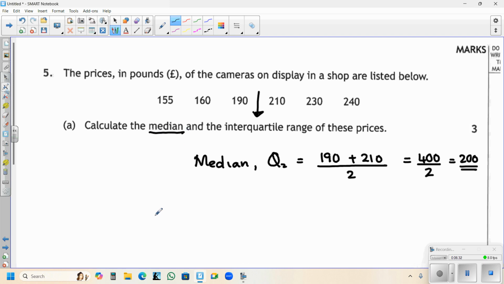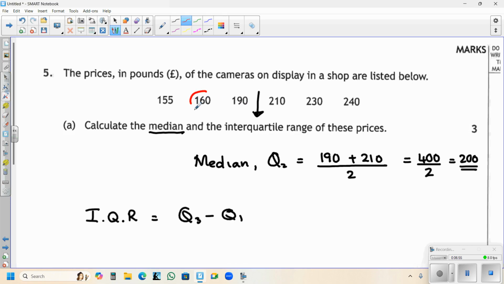We want the interquartile range. You've got to learn the formula. It's Q3 minus Q1. If it said semi, you would divide it by 2, but it's just interquartile range, so it's just Q3 minus Q1. So we want to go to the middle number in the lower half.